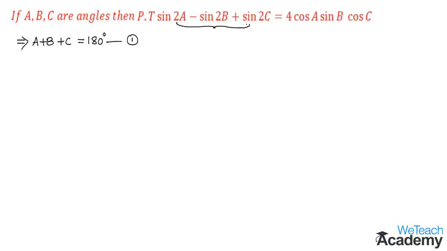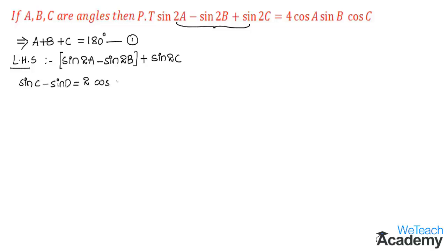So let us consider the LHS side and group the terms. So here, by considering LHS and grouping, we get sine 2a minus sine 2b as one group plus sine 2c. And now in the first term, we can use the formula of sine c minus sine d, which is equal to 2 cos (c plus d) divided by 2 into sine (c minus d) divided by 2.